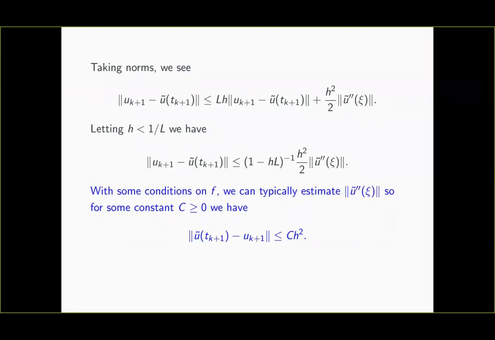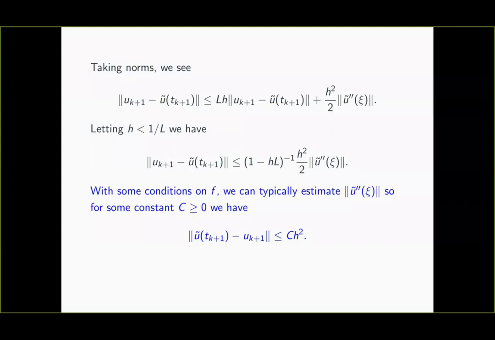Okay, the norm of the local discretization error is on both sides of this inequality. And if I let h be small enough, technically smaller than 1 over L, then I can pull over the term on the right-hand side, the norm of the discretization error, and I can rearrange all this as follows.